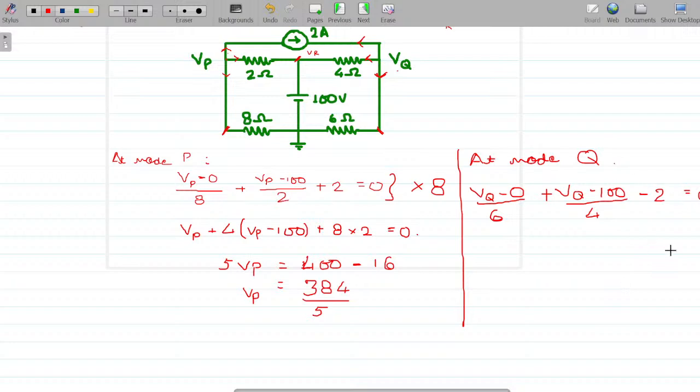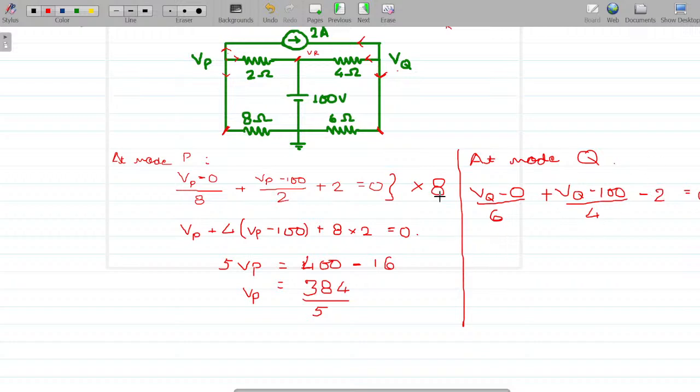So I would represent it as a minus 2 ampere current actually leaving this point. If I say a 2 ampere current is entering the circuit, can I say a minus 2 ampere current is leaving this node at Q?